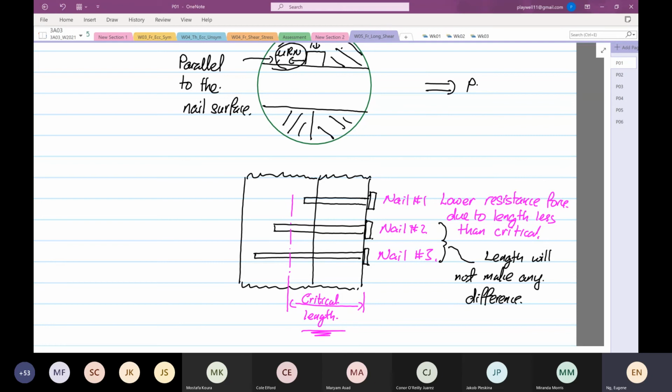So a way to have more resistance is how the nails are designed, based on how you can apply a normal load or how mu can be increased.